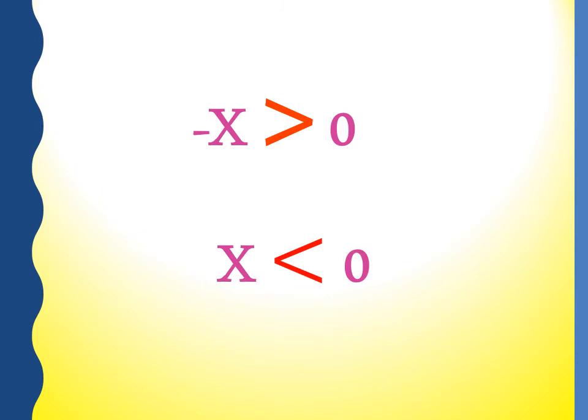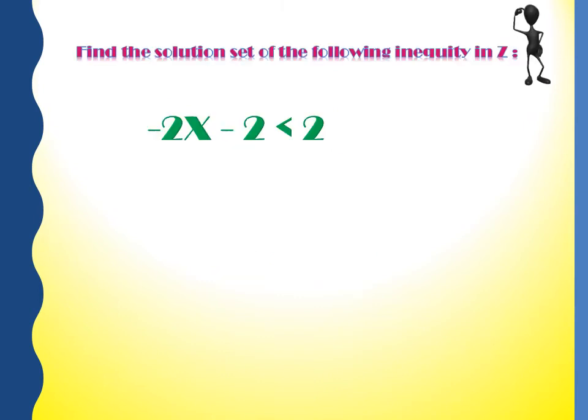Let's have here a very important rule: if we divide or multiply by any negative number, we should flip the inequality. Now let's solve this inequality. Circle negative 2, throw it to the other side plus 2, then negative 2x smaller than 4.